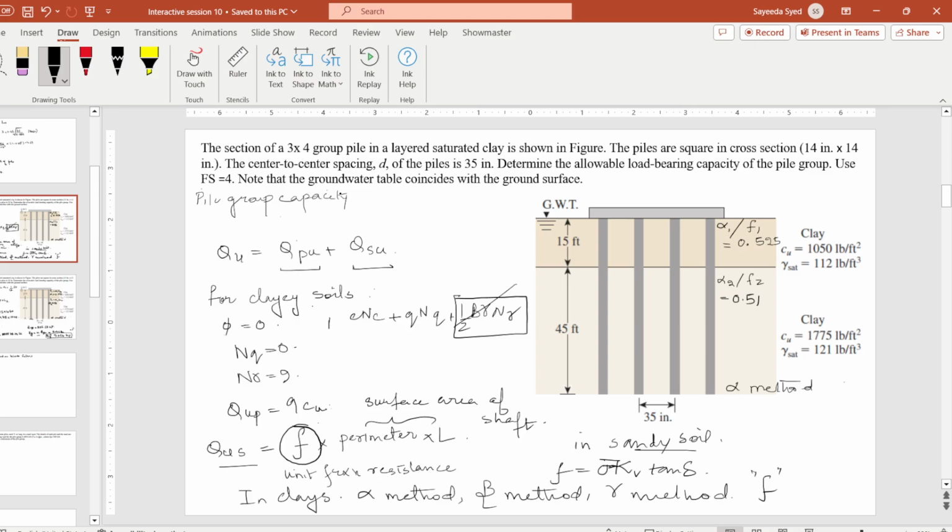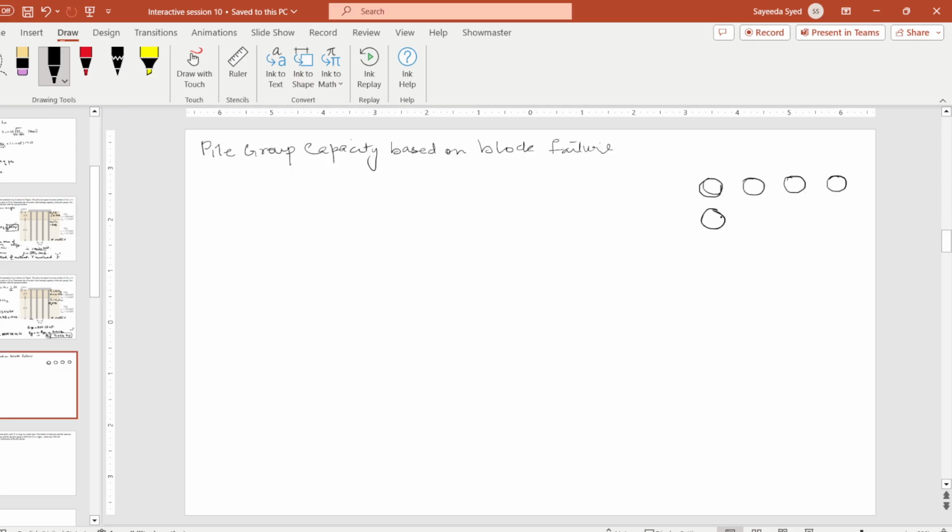Okay. So for the group pile, the pile group will be something like this. And this will be our raft.